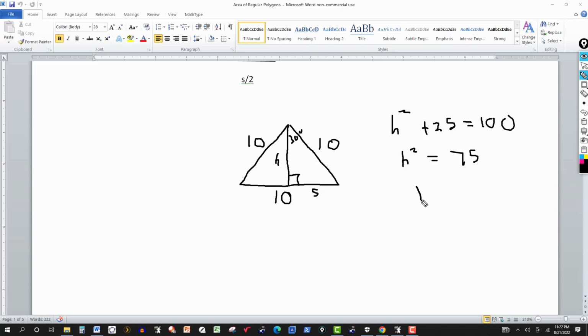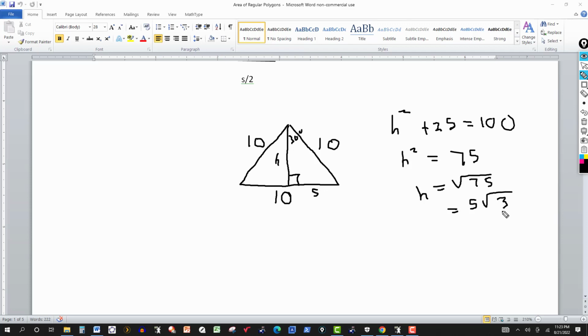And take the square root of both sides, h will equal the square root of 75. And 75 is 25 times 3, and the square root of 25 is 5. So that would come out like this. Square root of 25 is 5, and this would be a square root of 3 here.